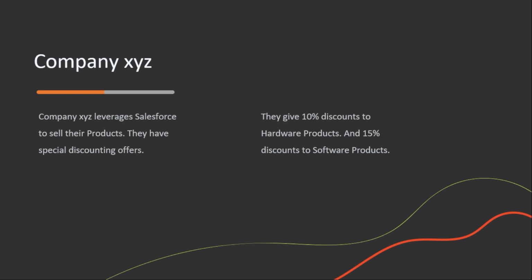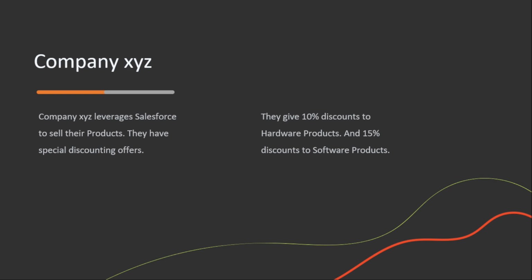Let's say we have built a complex Apex logic and we want to know the discounts. So they can create a custom setting which they can reuse every time they are building logic and want to fetch that data in the Apex class, right?